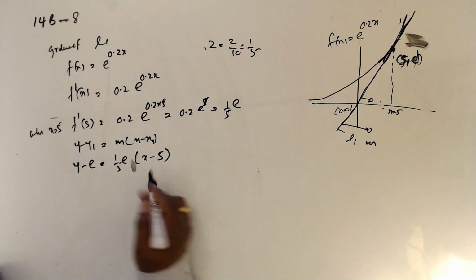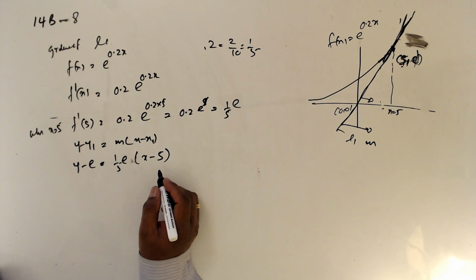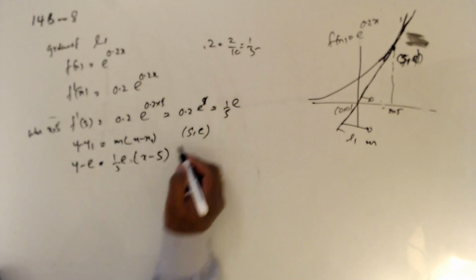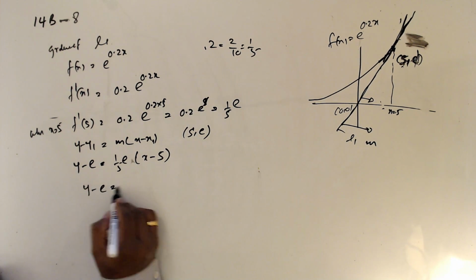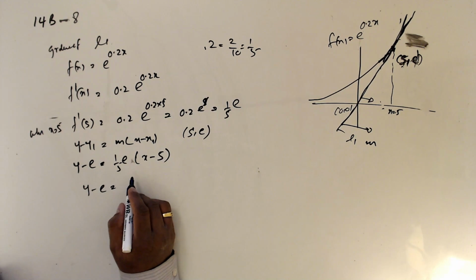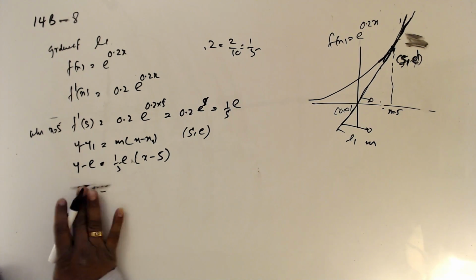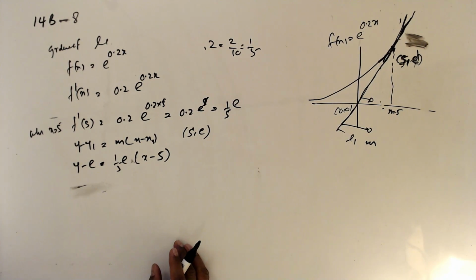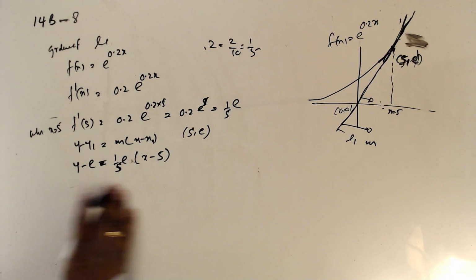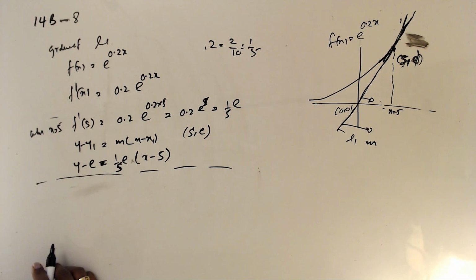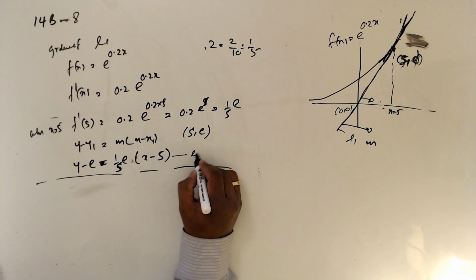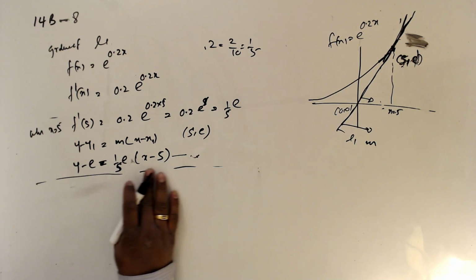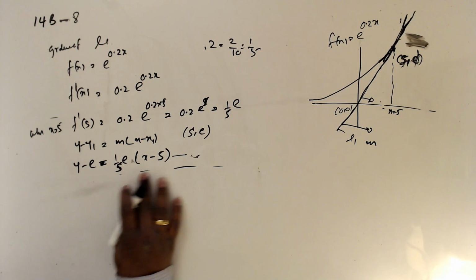The x value is 5, so we consider the point (5, e). I'm not going to simplify because that is not necessary. So this is the equation of the line. Actually, we can simplify, we can get it easily.